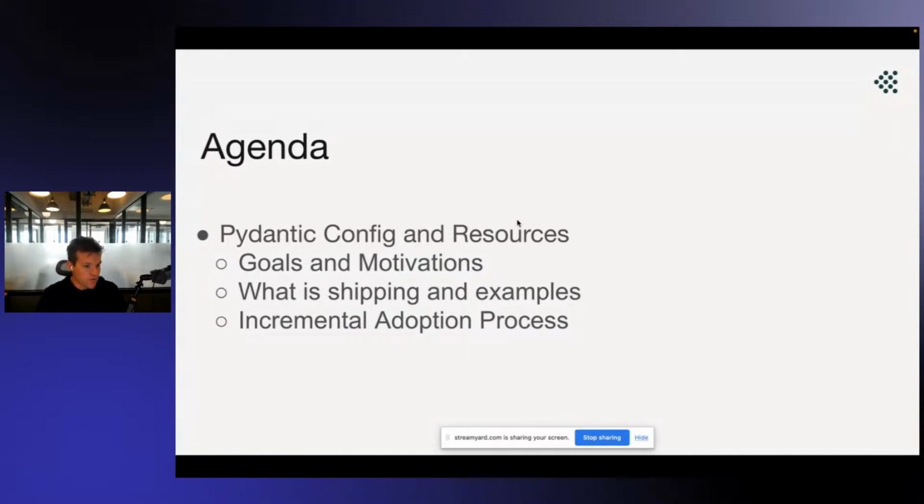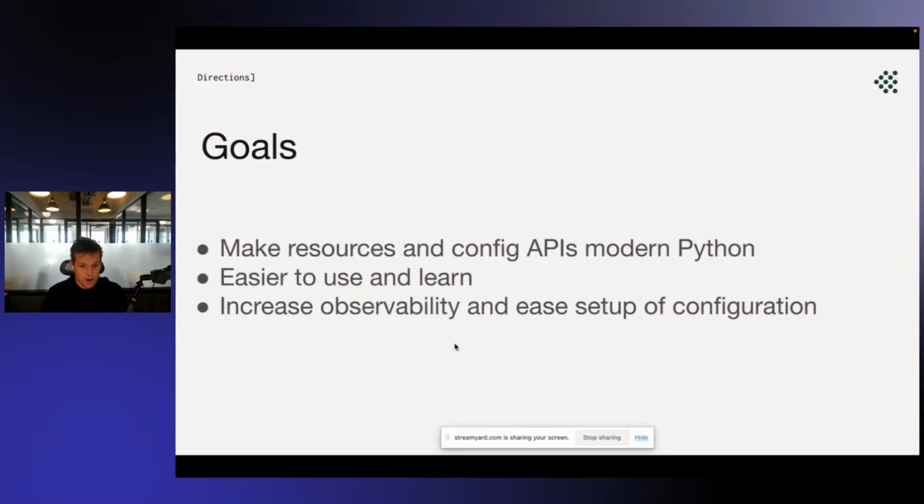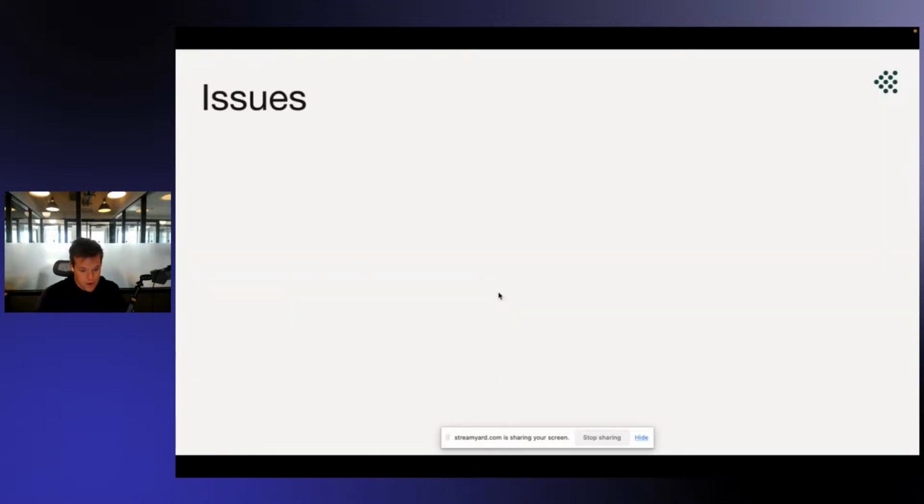I'm going to go over the goals and motivations for it, what is shipping and examples of it, and also incremental adoption. So the goals of this work stream are to make our resources and config system modern Python, easier to use and learn, with improved API ergonomics, and also to increase the observability and ease of setup when you're configuring your resources.